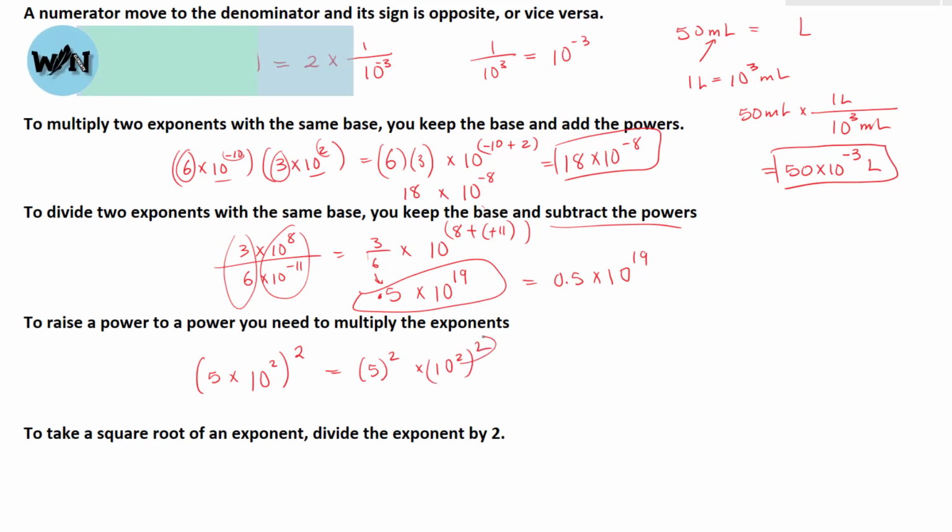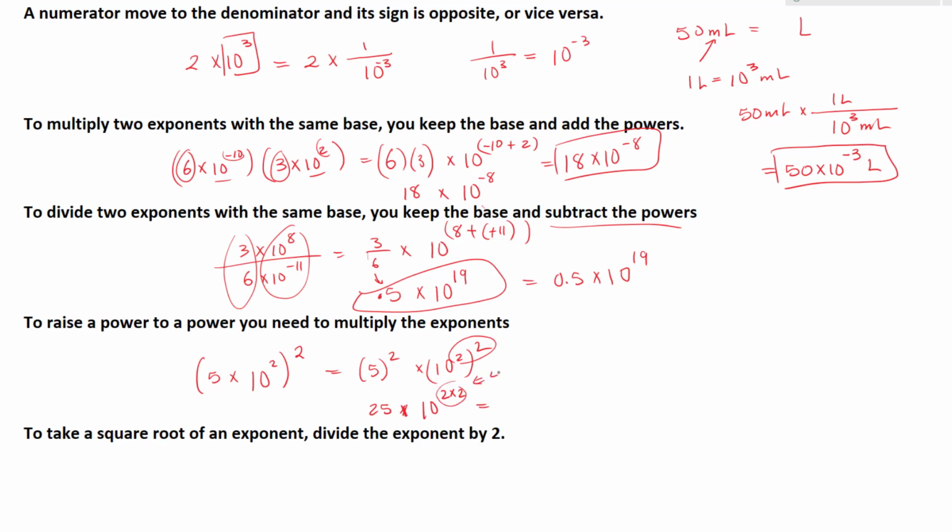What's 5 times 5? That is 25. What's 10 to the second, squared? That's pretty easy: 2 times 2 is 4. So we have our answer, 25 times 10 to the 4 power. And that is how we do a power to a power with exponent numbers.